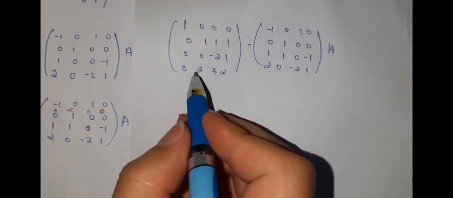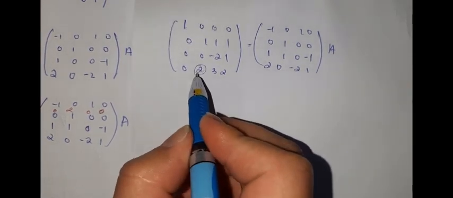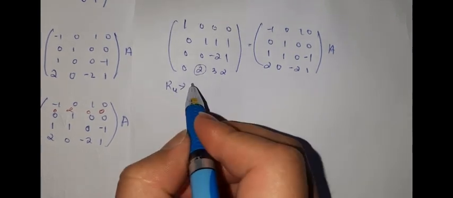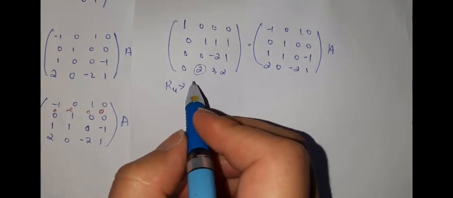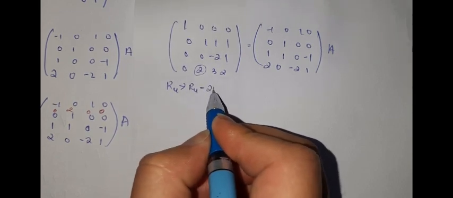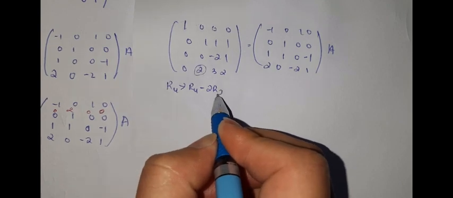Now our mission is to make this 0. So let's say r4 is changing to r4 minus 2 r2.